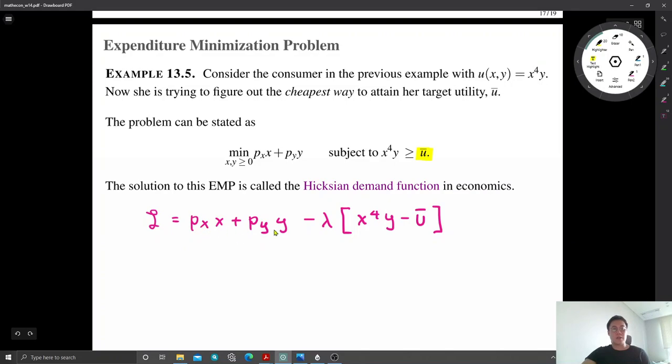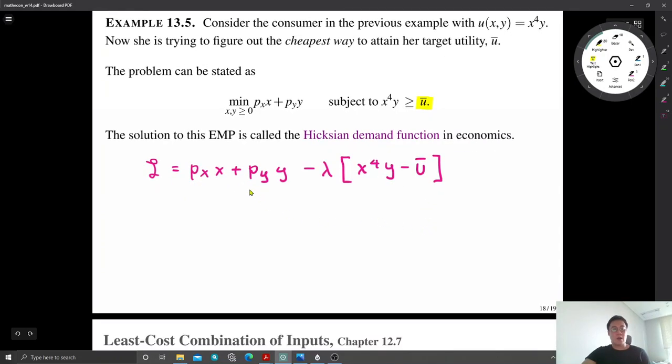And the associated Lagrangian can be written this way. Now the objective function is linear, so it is quasi-convex. Then this Cobb-Douglas function is quasi-concave, but we have a minus sign in front, so minus lambda times x to the power fourth y is going to be quasi-convex.